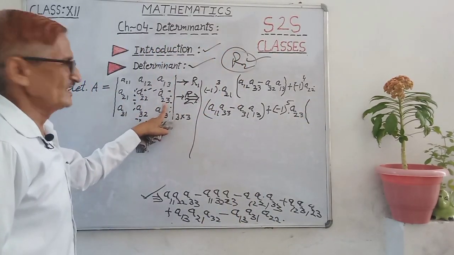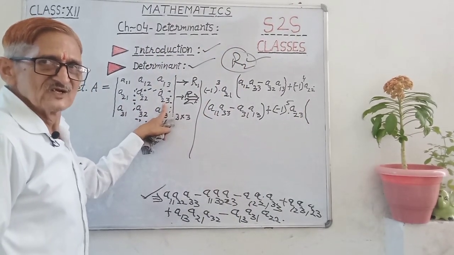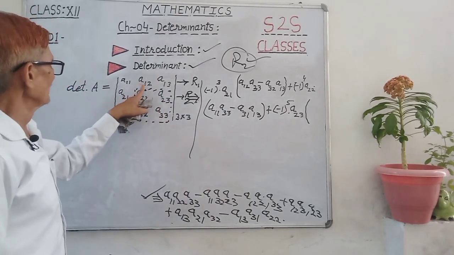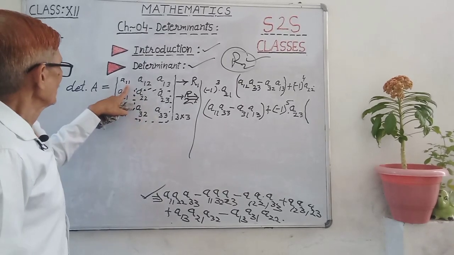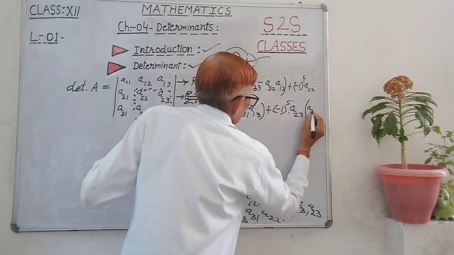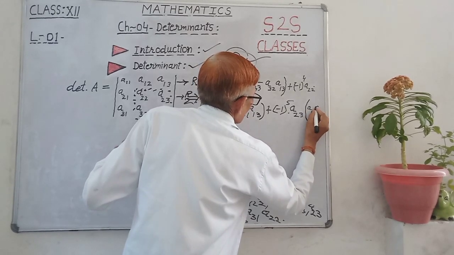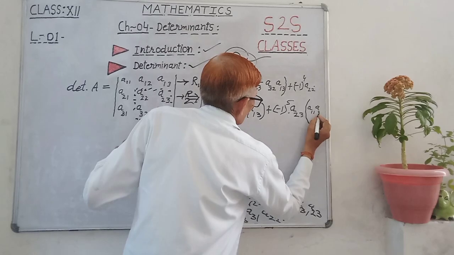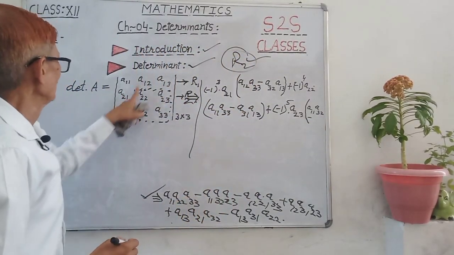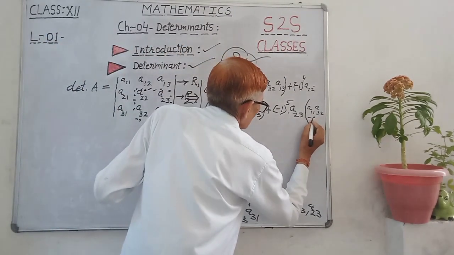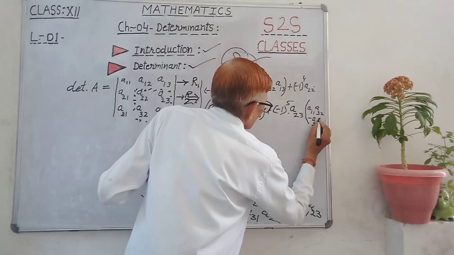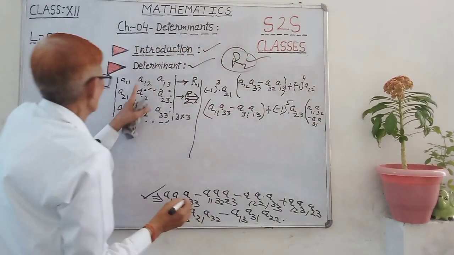Along this element, row second and column third cancel, so A11, A12, A31, A32, so A11 A32 minus A31 A12.